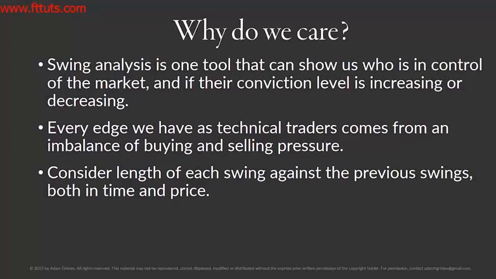So why do we care about all of this? Well, swing analysis is one tool that can show us critically who is in control of the market and what their conviction level is. Are the bulls, the people that want the market to go up, in control, and are they getting more or less confident? Every edge we have as technical traders comes from an imbalance of buying and selling pressure.